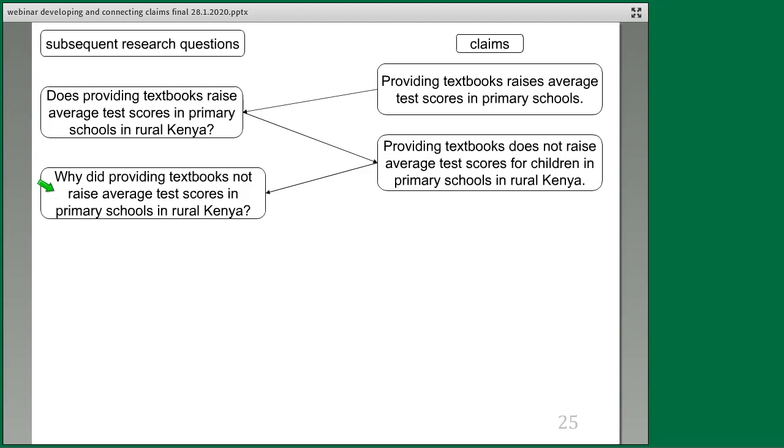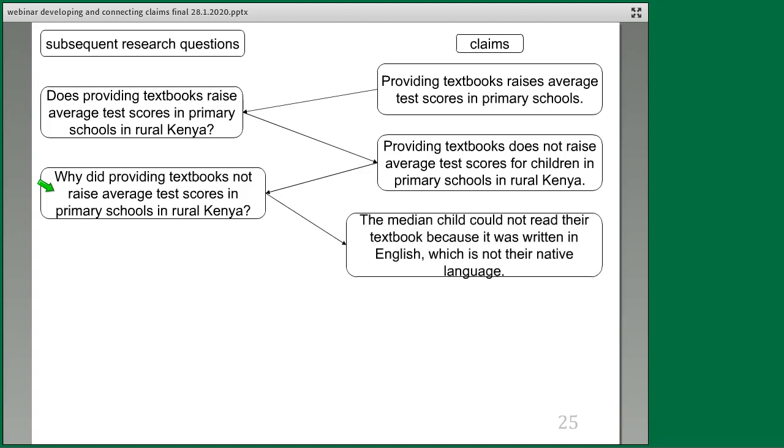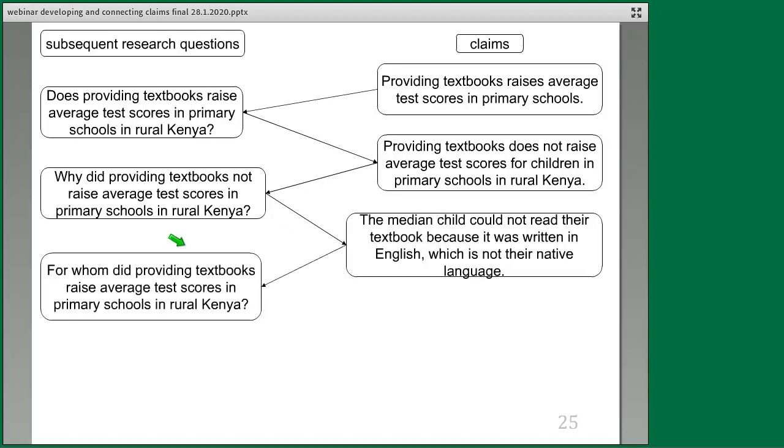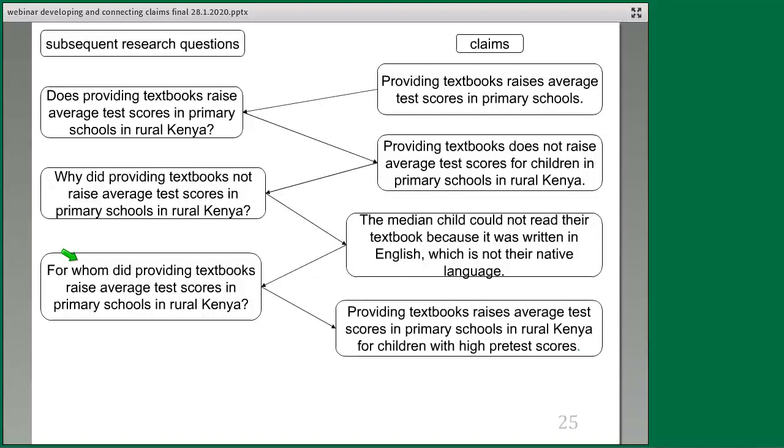The researchers then continued and asked, why did providing textbooks not raise average test scores in primary schools in rural Kenya? And then they found an explanation: the median child could not read their textbook. After that, they asked, for whom did providing textbooks raise average test scores in primary schools in Kenya?